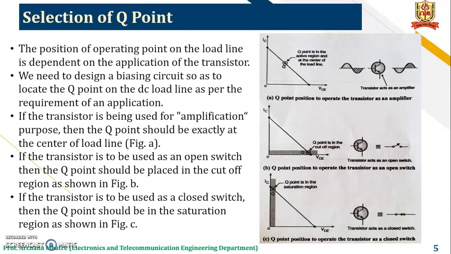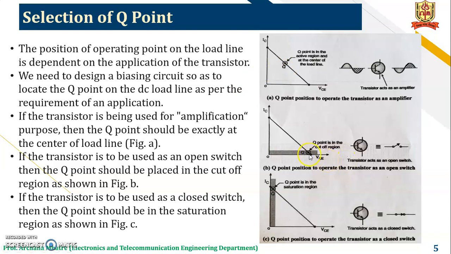Selection of Q point. Now here there are three figures. The first figure indicates the Q point position to operate the transistor as an amplifier: when it is at the center of the DC load line, then the transistor will act as an amplifier.